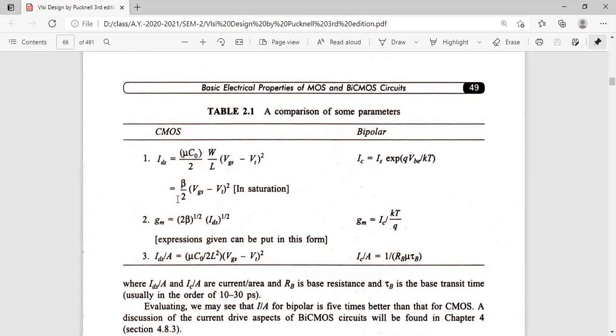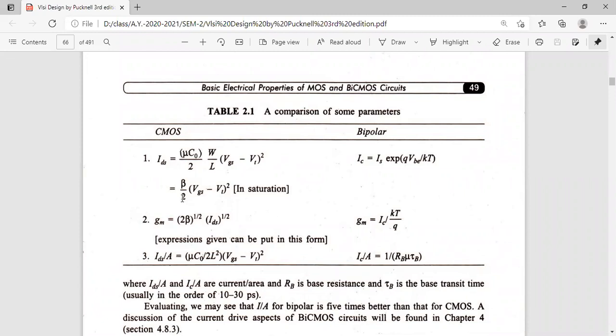This can also be written as beta by 2 into (VGS minus VT) whole square in case of the saturation region. But in the bipolar, we have the collector current. IC is nothing but the collector current. So IC is equal to the saturation current IS times exponential of Q into VBE, the base to emitter voltage, divided by KT, right?